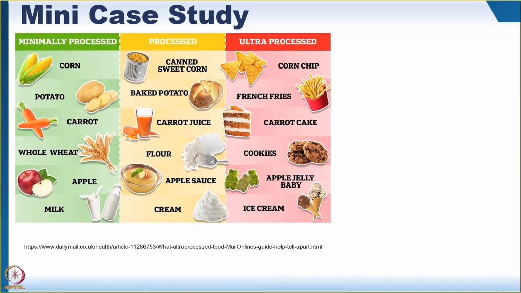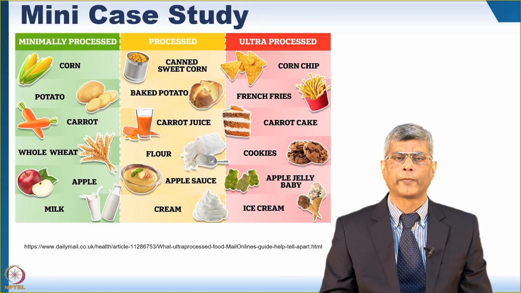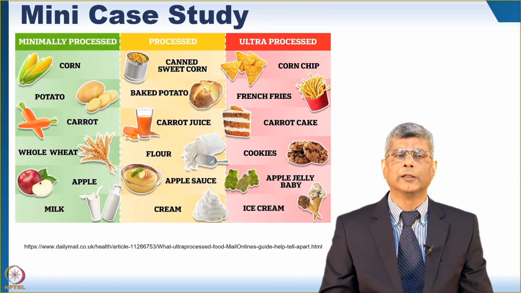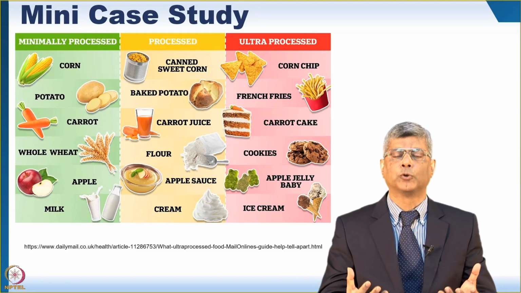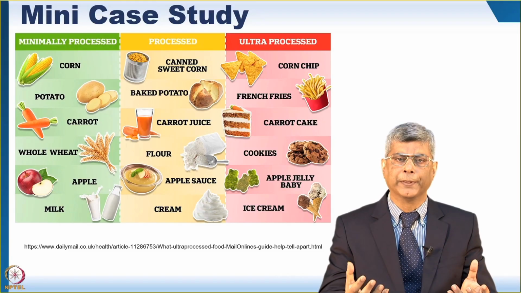So if you look at different kinds of food processing, in the picture on the left side are the ones that are minimally processed. The simplest is a coconut, which you need to break open to eat.